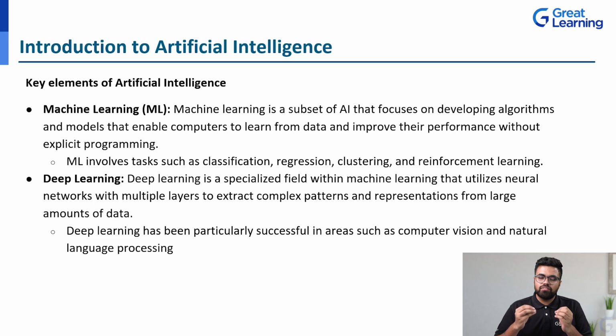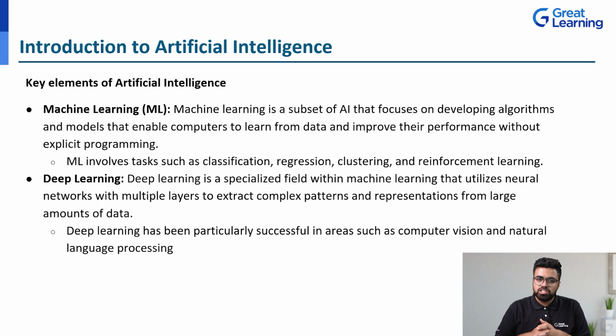You do not need an understanding of various coding languages, be it Python or C++. You just need to know your basic language, be it English or any other language that you prefer. So machine learning involves tasks such as classification, regression, clustering, and reinforcement learning. I won't get deep into machine learning, but this is what it is about.